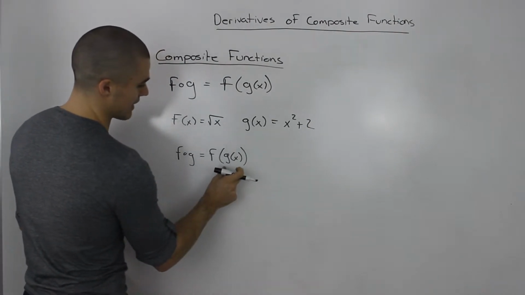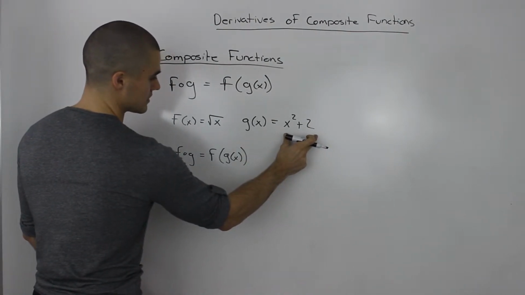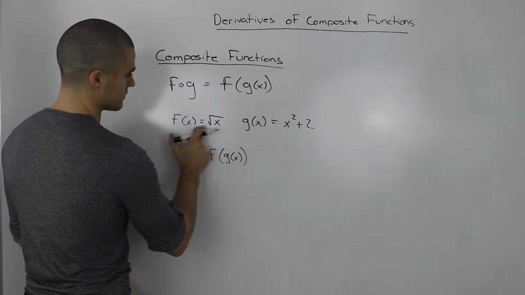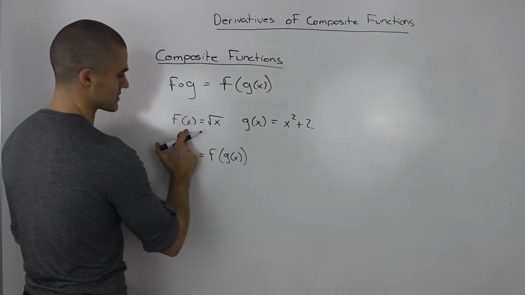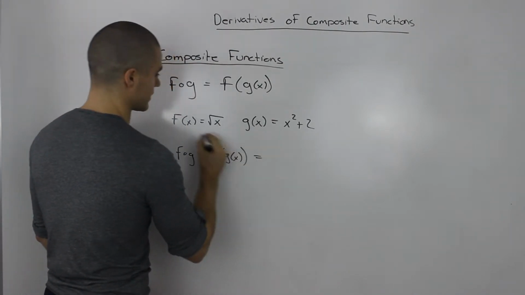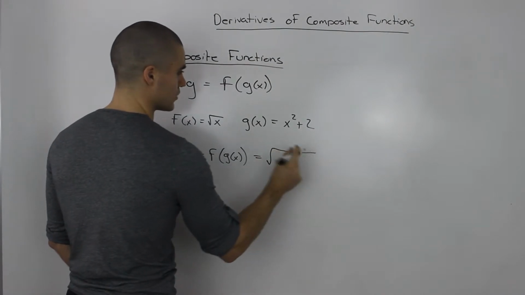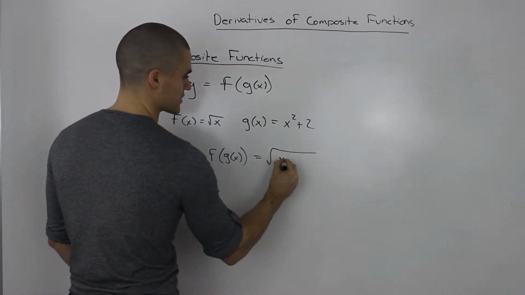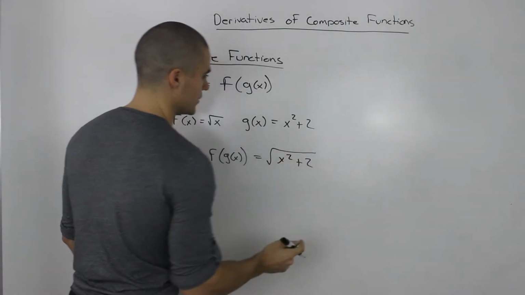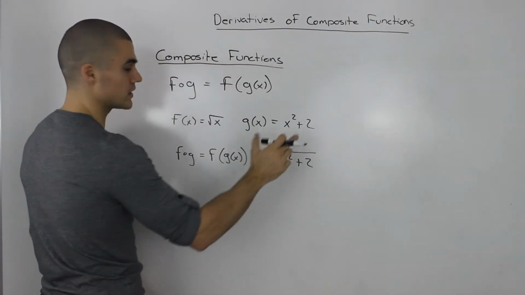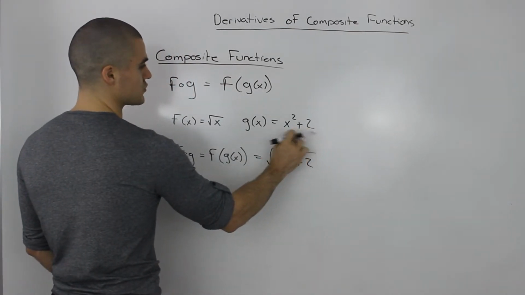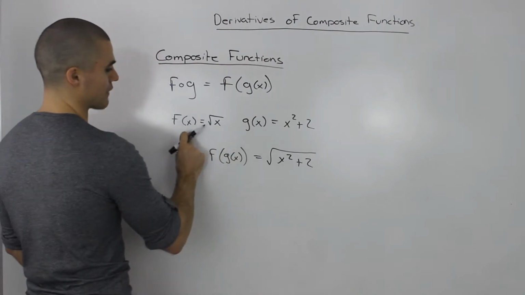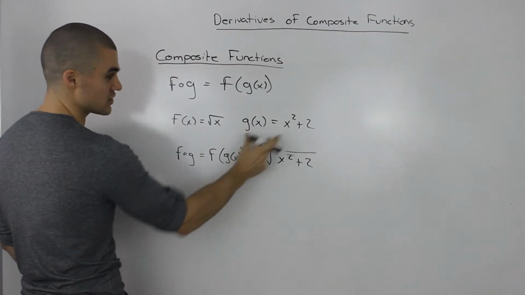Basically what it means is that this whole g of x, we're going to sub in for x in f of x. So basically, you'll have the square root of this g of x here, x squared plus 2. So one more time, we subbed in this x squared plus 2 for x in f of x, because it's f of g of x.